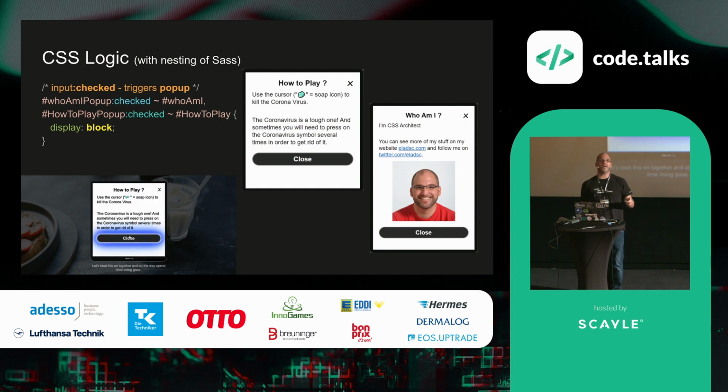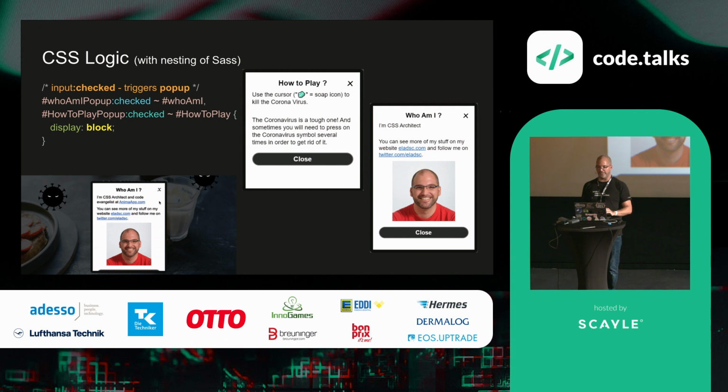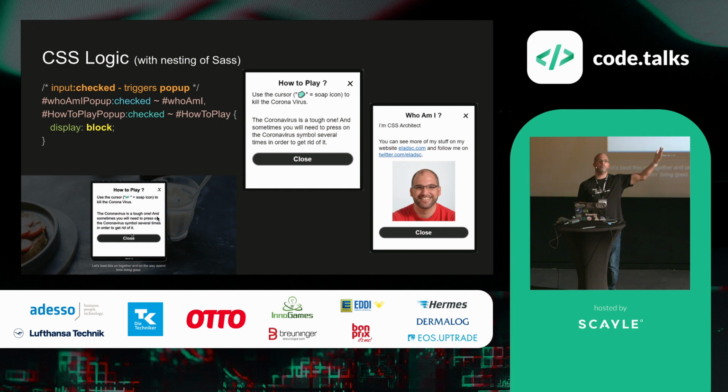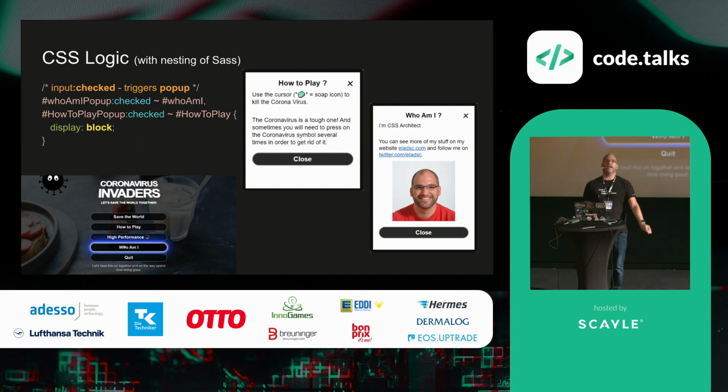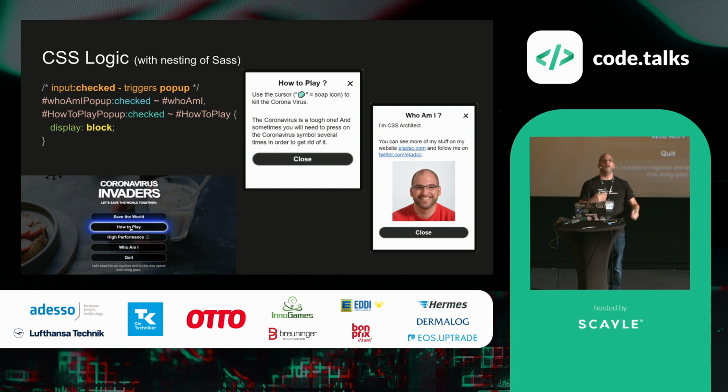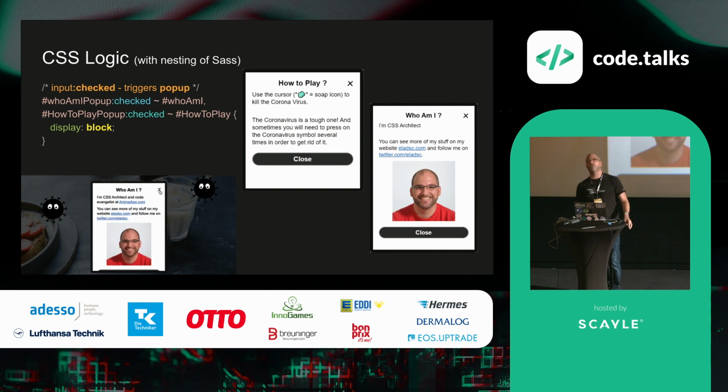But now you need to ask yourself the third question. What is happening when I click the Save the World button, the play button of the game? When I click the Save the World button, I need to do two operations instead of one. First, I need to hide the game menu frame, and then I need to show the game frame itself. How can I do two different operations with one checkbox?